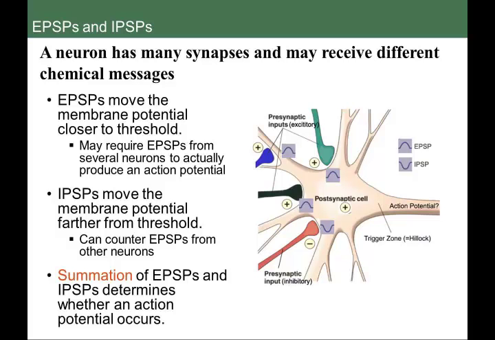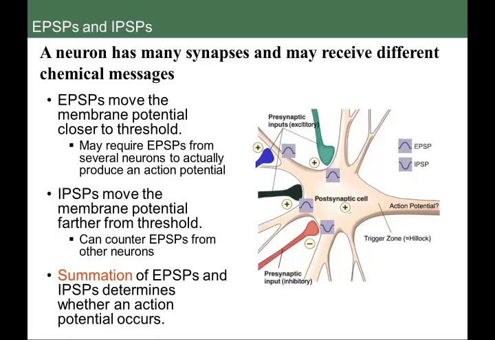And it's going to take all of those responses and sum them up. So basically, if the sum of all those responses creates a depolarization that reaches the threshold, about 10 millivolts above the resting membrane potential, you will have a generation of an action potential. Anything less than that threshold level, there'll be no response.